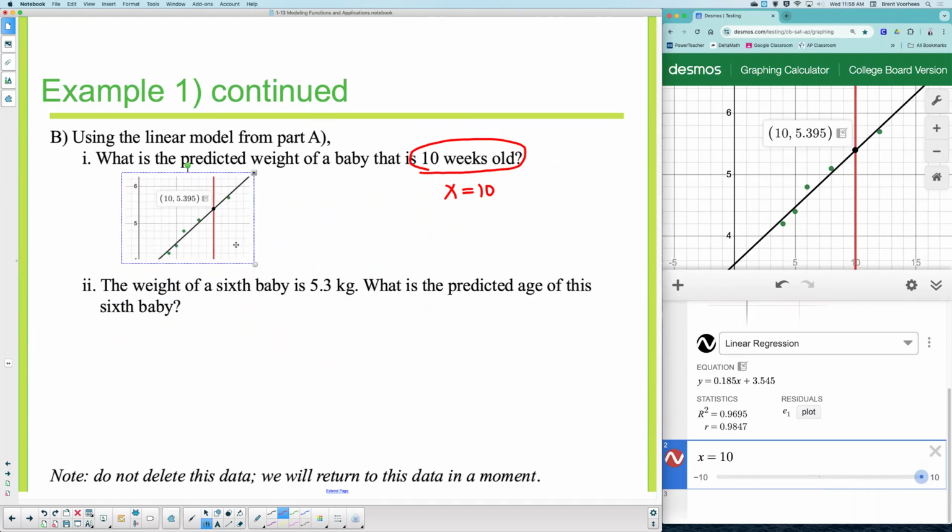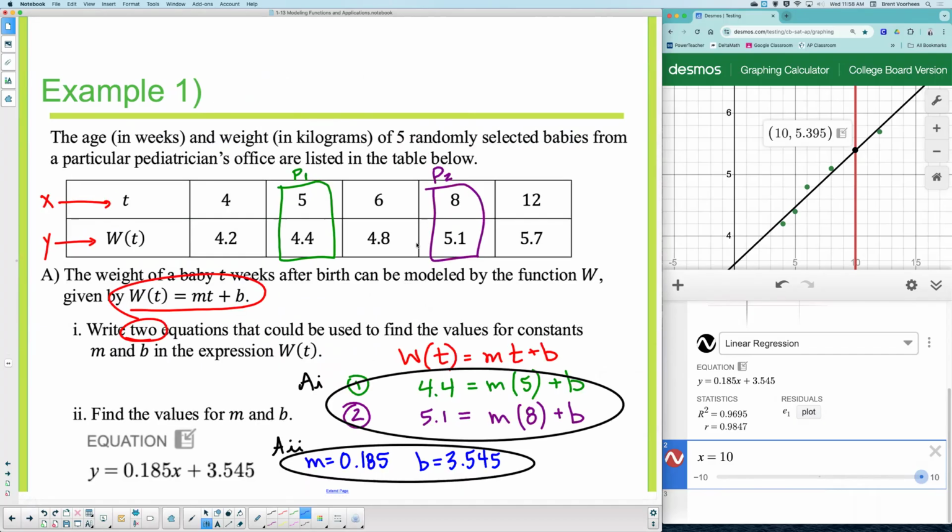So it says, what is the predicted weight of a baby that is 10 weeks old? Well, what do y'all think the predicted weight would be? Y'all catching on quick. It's going to be 5.395. The weight, which is a W value, I'm going to write it this way. W of 10, we would guess, is going to equal 5.395. And this is in, what units is this?